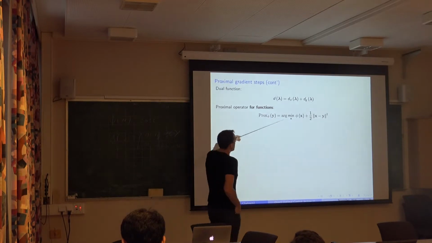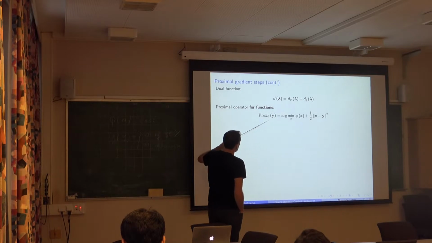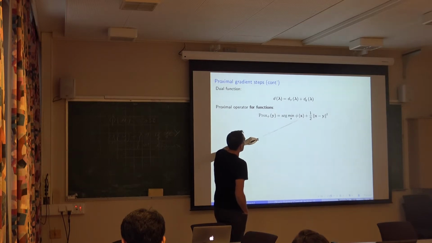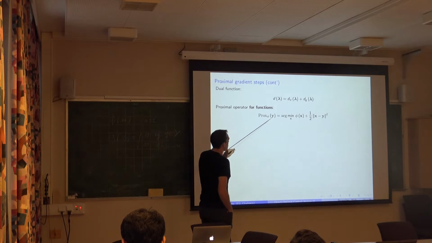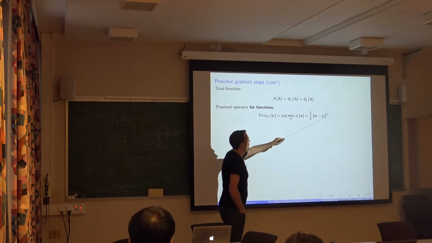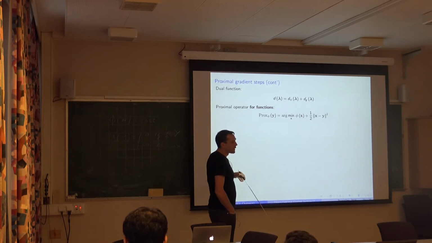If you work with functions, it's a slightly different definition. If you do the prox over phi, you minimize over the function phi the x that is as close as possible to the y. So y is provided, and you would basically do a compromise between departing from y and minimizing phi of x.